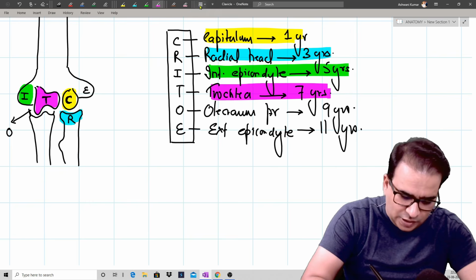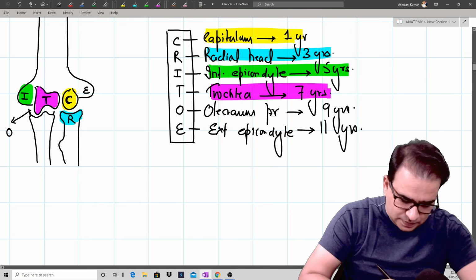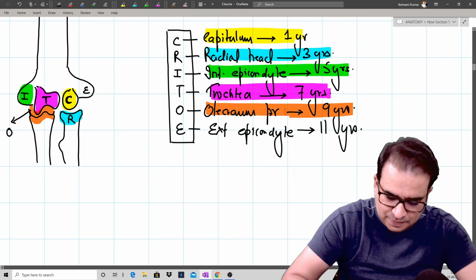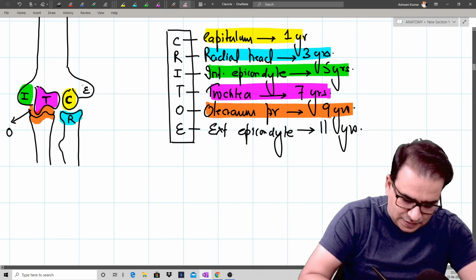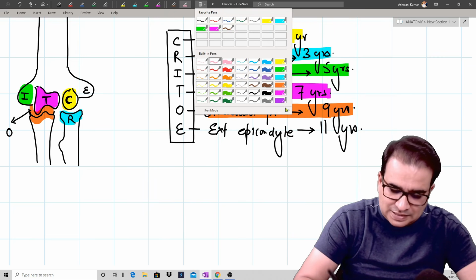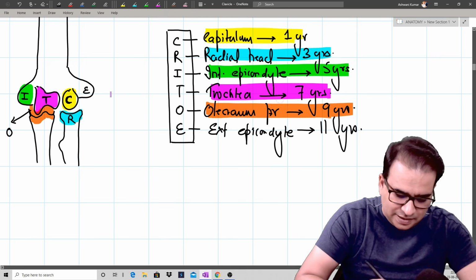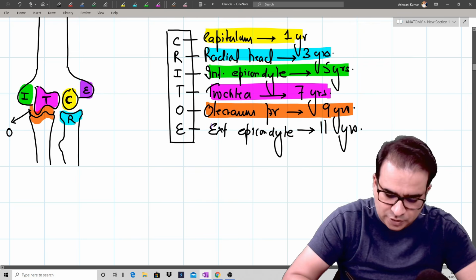Then the olecranon process, which as I said can be appreciated better from the posterior side, at the age of 9. And finally, the lateral or external epicondyle, which appears by the age of 11.